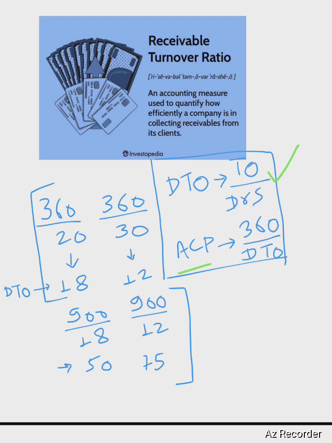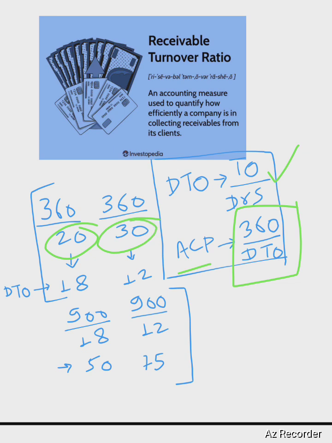The average collection period, or debtors velocity, as it's also called, is 360 divided by the debtors turnover ratio. Here you have been given the average collection period as 20 to 30. So 20, this is 30.